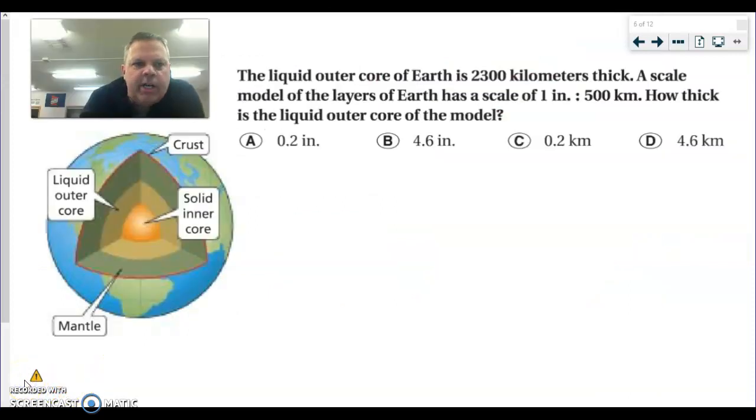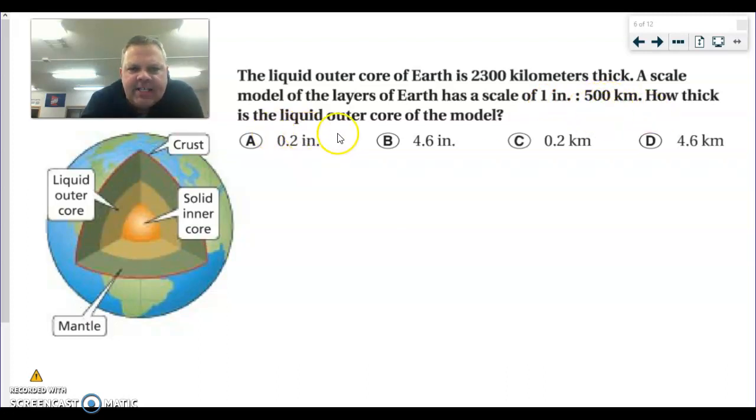This is a similar type problem. We have the liquid outer core of the Earth is 2,300 kilometers thick. So we're talking about the liquid outer core right here. A scale model of layers of Earth has a scale of 1 inch is equal to 500 kilometers.